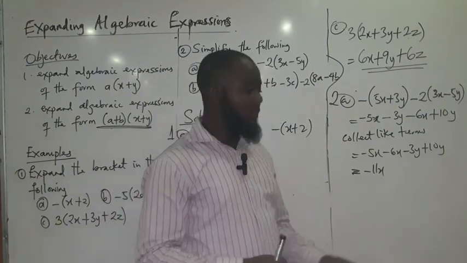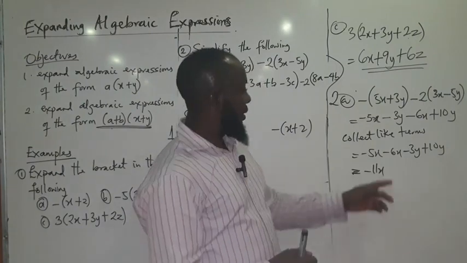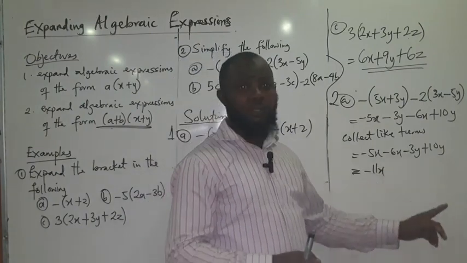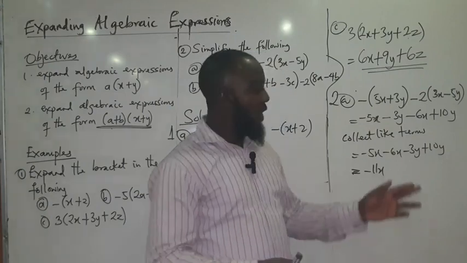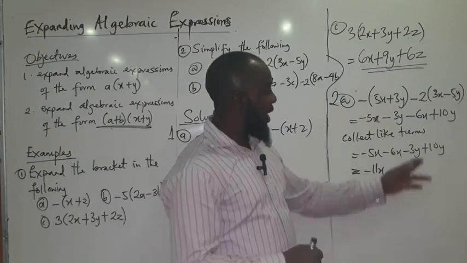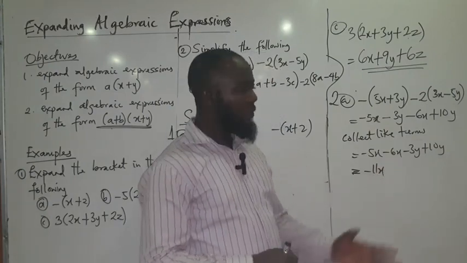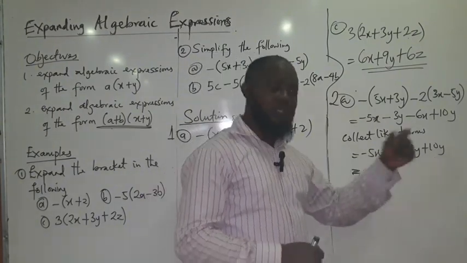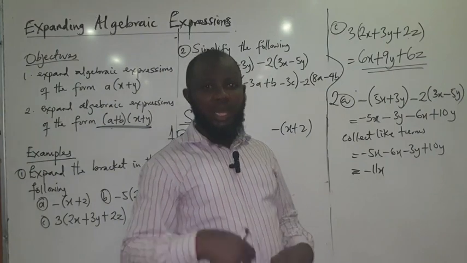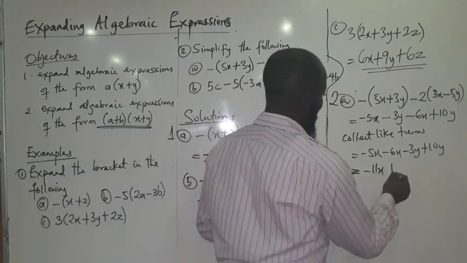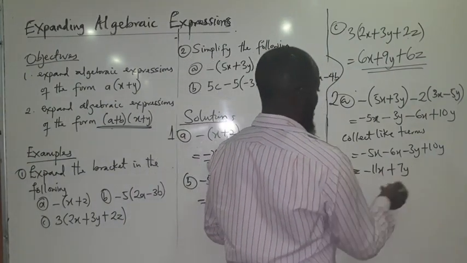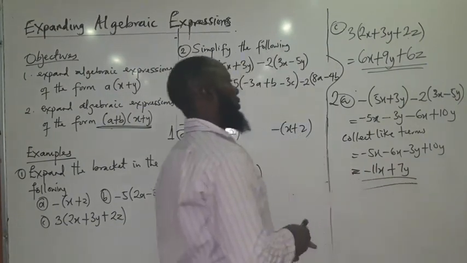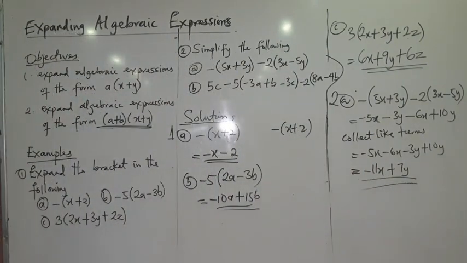And because you are owing it, it's going to carry negative. Then for the second one, minus 3y plus 10y: you are owing 3y and you have 10y with you. So you can pay 3 out of the 10 you have, which means you still have plus 7y. So this is the answer to this one. I hope it's very clear.